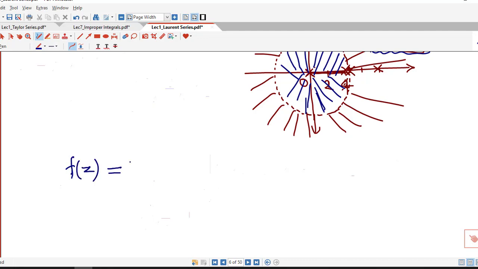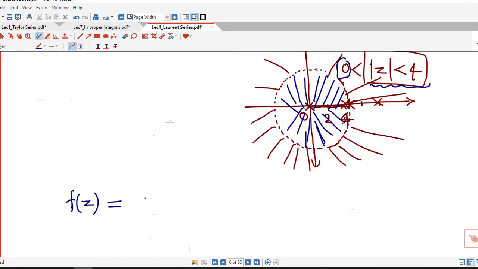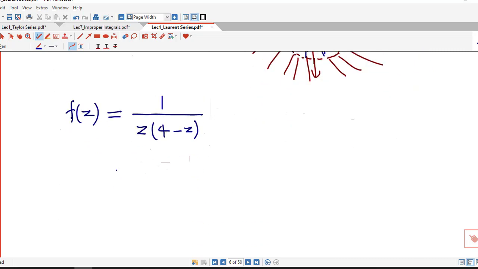Now once we have the idea about analyticity in the domain, it is not hard to represent our function as a Laurent series. Here we can use the geometric series which we have just discussed. But before that, if we want to use the geometric series, our function must be in this form. So we try to express our function in this form.